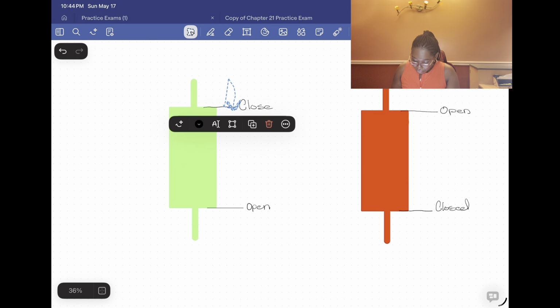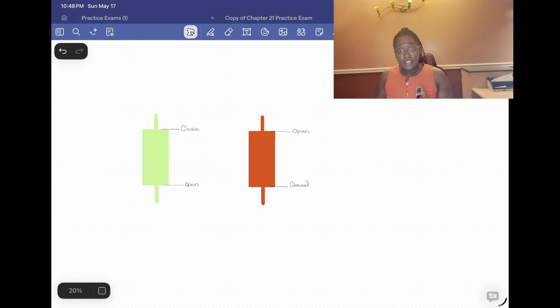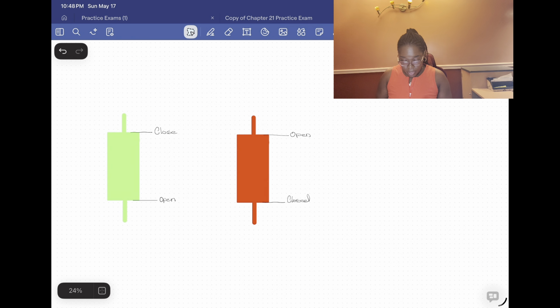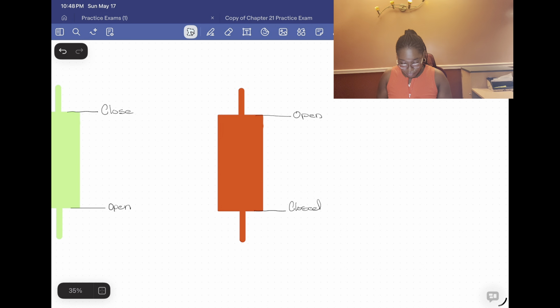Okay, and then for the red candlestick, as we see, price opened here, and then at one point it eventually reached the top of this wick, the top right here at this level, and then it also came back down and reached the bottom of this wick right here before closing at this level.